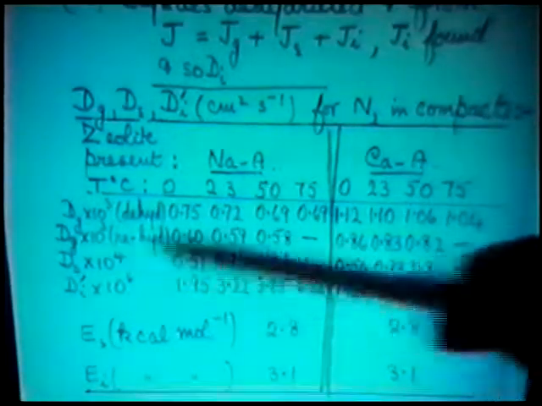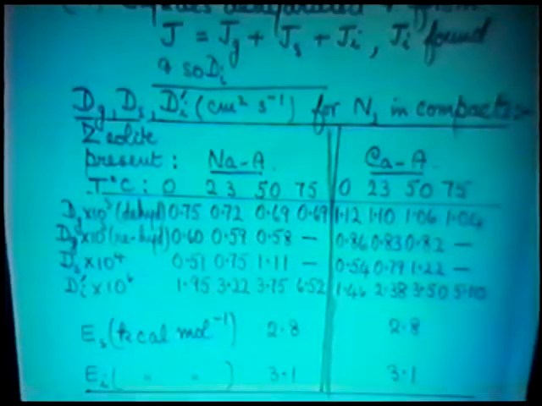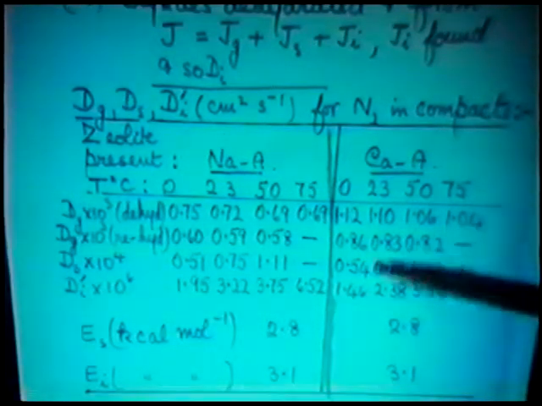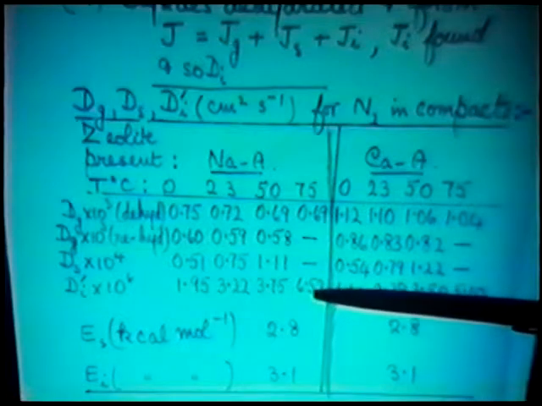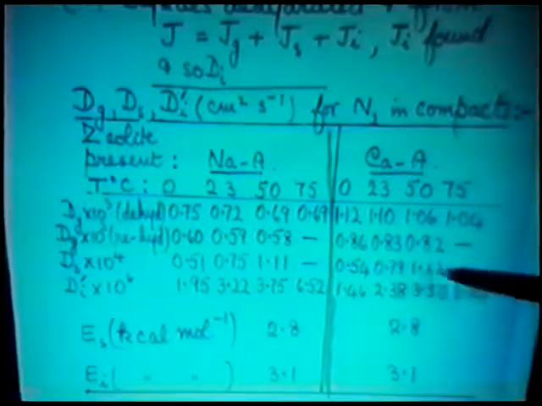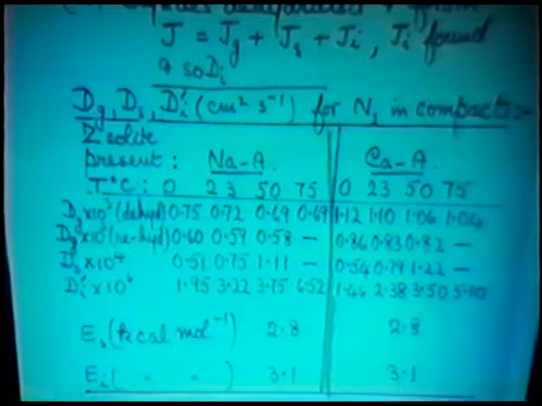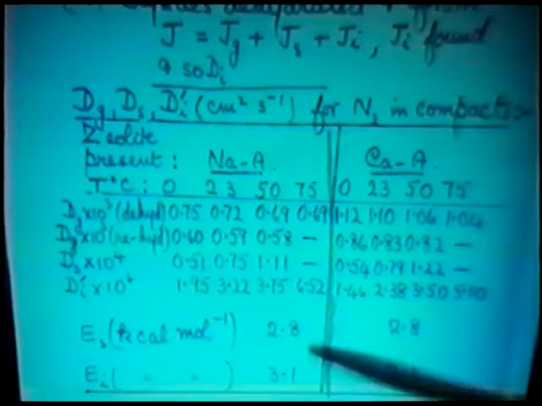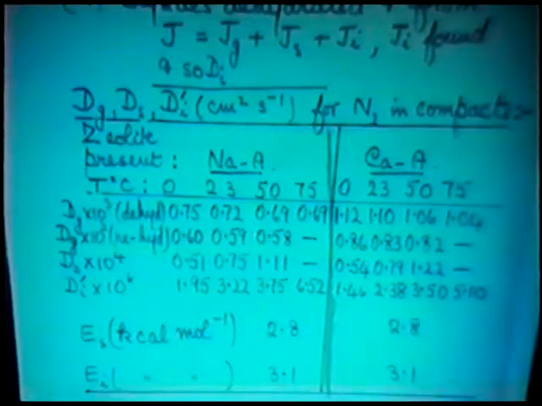The surface diffusivities came out to be of the order of 10 to the minus 4, and the intracrystalline diffusivities came out to be of the order 10 to the minus 6. You'll notice that these surface and gas phase diffusivities have a measurable temperature coefficient, and on a simple Arrhenius type interpretation, the energies of activation are those given at the bottom of the transparency.